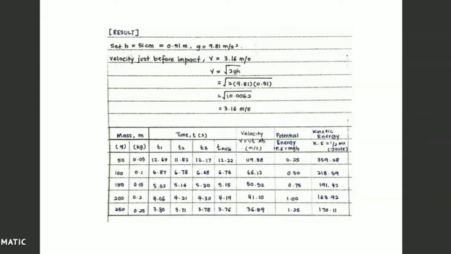For the potential energy, we have mass multiplied by gravity and multiplied by height. So we get 0.25, 0.50, 0.75, 1, and 1.25. For kinetic energy, we have 1/2 multiplied by mv squared, which is mass and velocity.